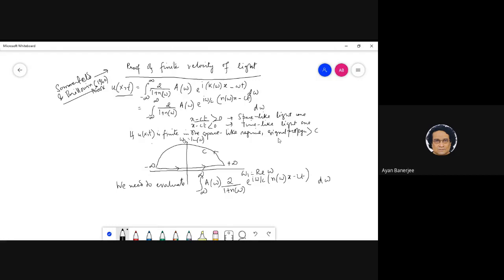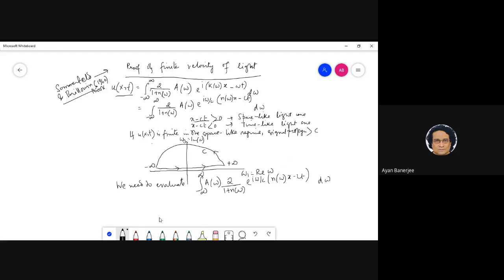Can we sort of defend that? When I am considering this one greater than c, we consider the upper half plane typically.